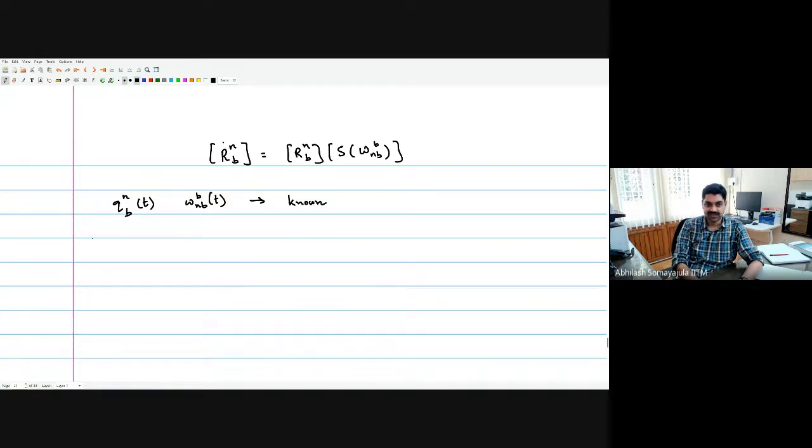From this I can calculate what will be my rotation matrix at time t. Using these two pieces of information, I can compute my rotation matrix at time t plus 1. Is that making sense?